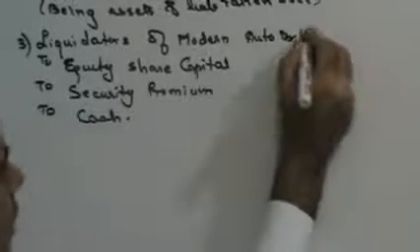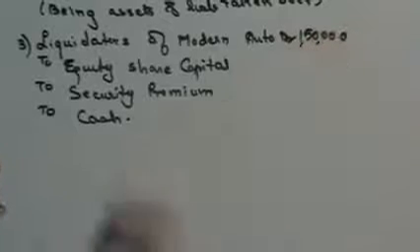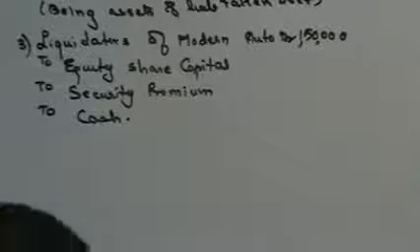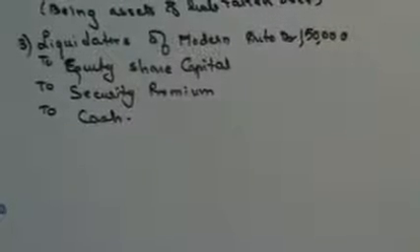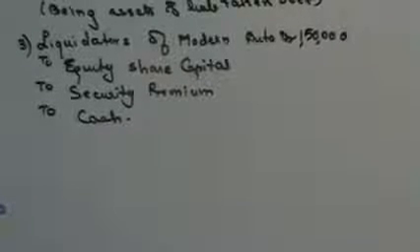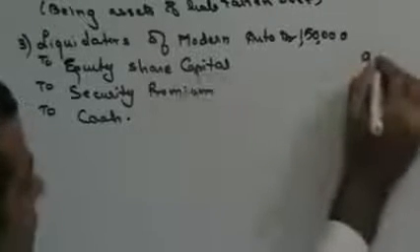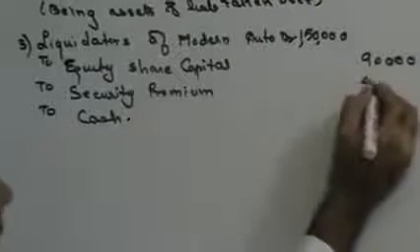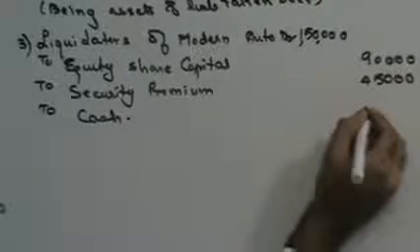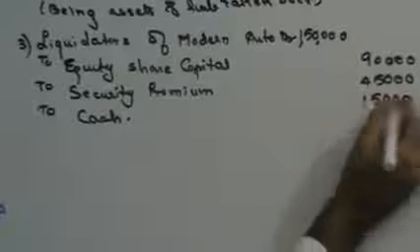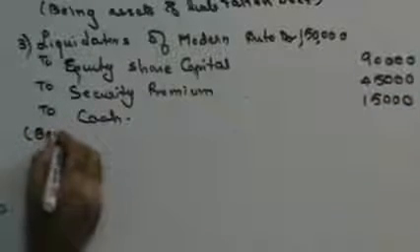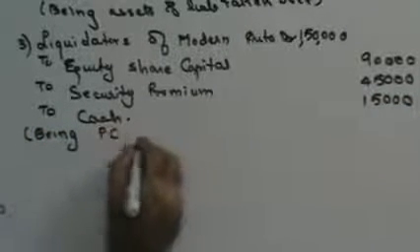Liquidators of Modern Auto is 1,50,000. Equity share capital: we had issued 9,000 shares at 15 rupees each. The actual value of each share was 10 rupees. So 9,000 into 10, 90,000. Then 9,000 into 5, 45,000. That's going to be my premium. And cash is 15,000. Being PC paid.